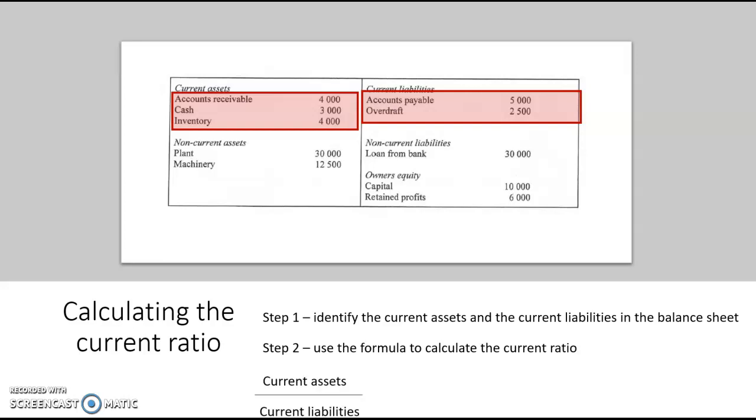We know that it's current assets over current liabilities. This time we've got 4,000 in accounts receivable, 3,000 in cash, and 4,000 in inventory over our current liabilities of $5,000 in accounts payable, $2,500 in our overdraft, giving us 11,000 over 7,500, or a current ratio of 1.47 to 1, which means the business has $1.47 of current assets for every dollar of current liabilities.